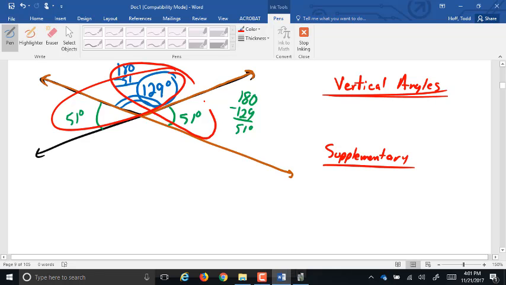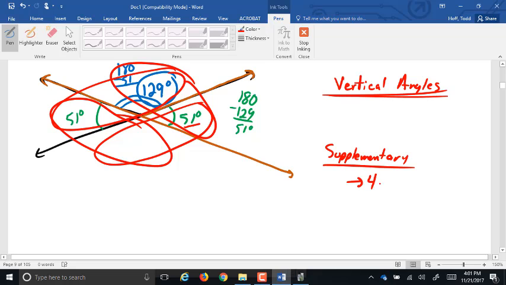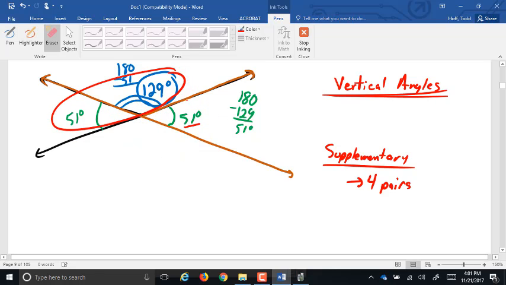But we would have a pair here as well, the 129 and the 51 there. These two will be supplementary, 51 and this will be 129 again. And of course, these two would be supplementary. So I've created 4 pairs of supplementary angles. Well, all the angles that are adjacent to each other in those intersecting lines are supplementary.